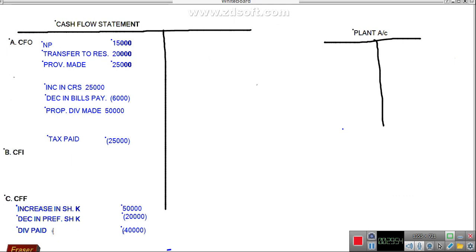If you are going to prepare any asset account, it will begin from the debit side. To balance brought down, and its closing balance will be written on the credit side, by balance carried down.